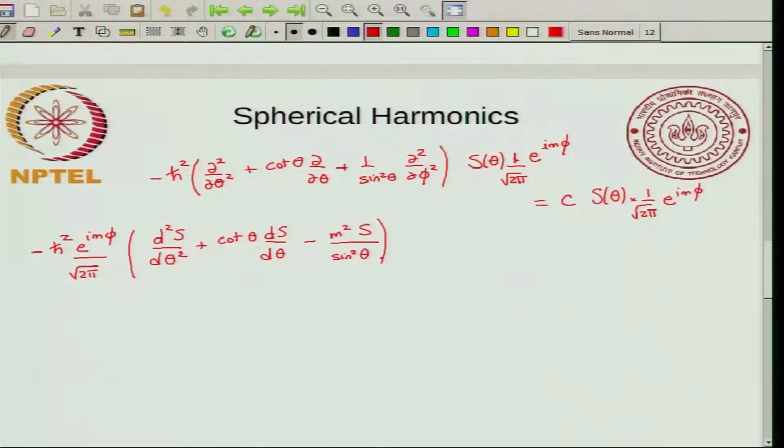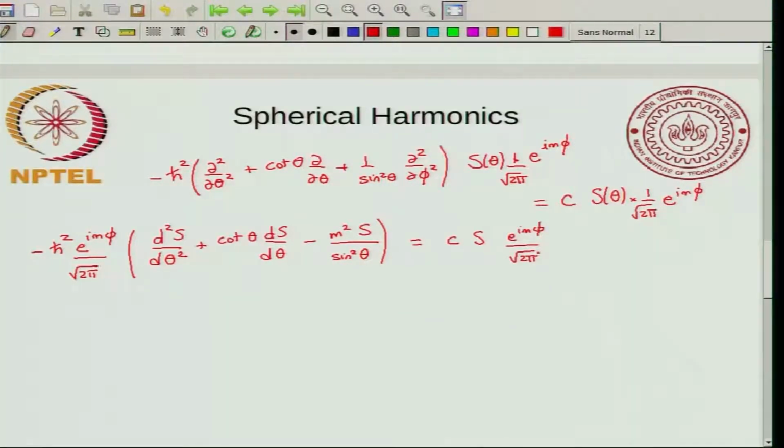I took e to the i m phi outside, so this is what I am left with, and this is equal to c S e to the i m phi by root 2 pi.